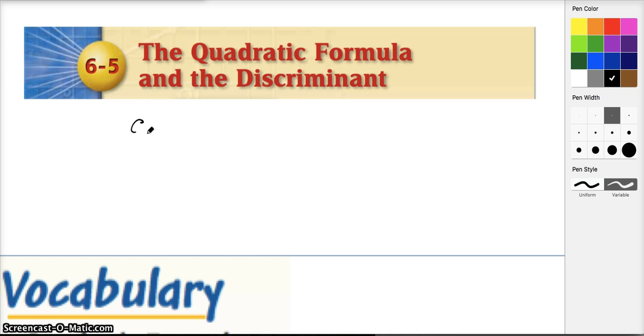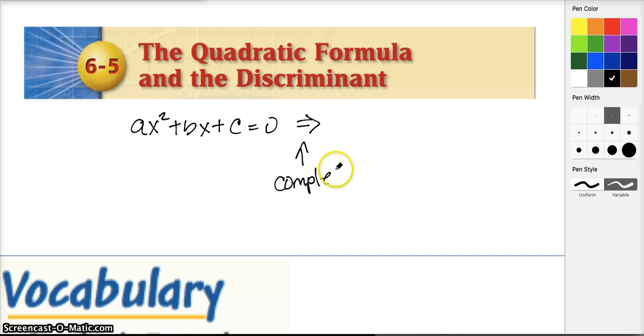The quadratic formula is when we took the general form of a quadratic equation, ax squared plus bx plus c equals 0, and applied completing the square to it, which is a process for solving quadratic equations that you got really good at.